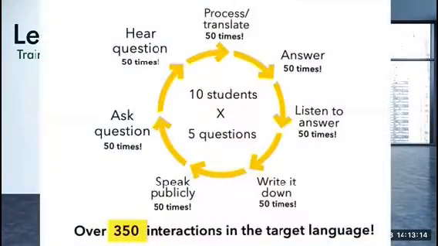So let's say you have 10 students in your classroom. By using the communicative approach, you will cause these 10 students to interact in the target language over 350 times. This amount of exposure to the target language rapidly helps the students to learn the language and to use it in a real setting.